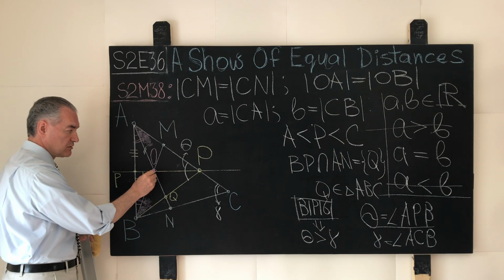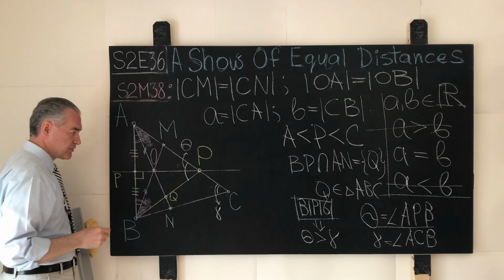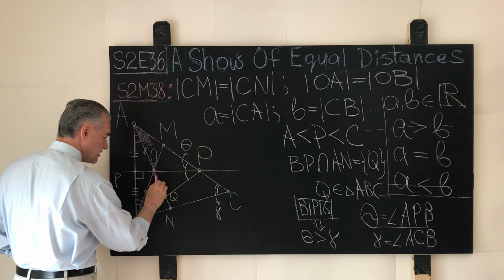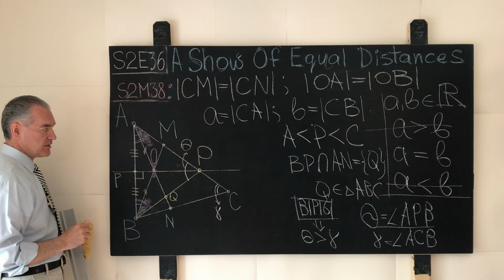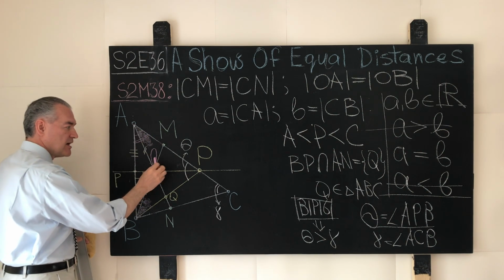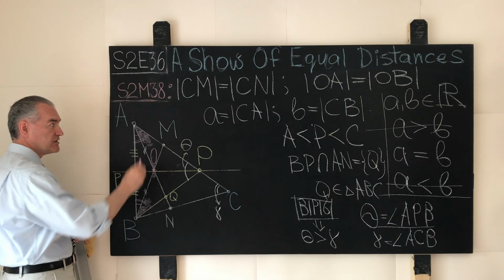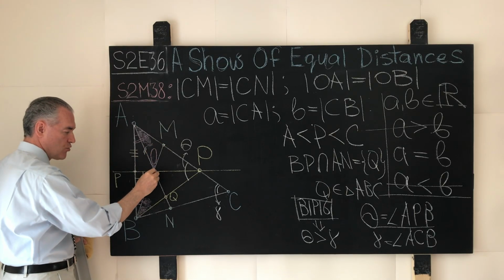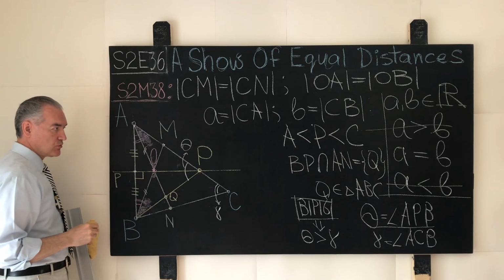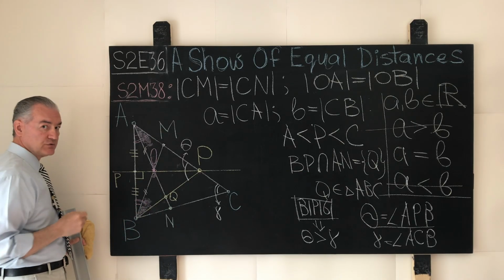The angles at the vertex O are vertical, and in one of his propositions in the first book, Euclid shows that these angles are the same by magnitude. And what does that mean? That means that by angle, side, angle, the triangles AMO and BQO are congruent.